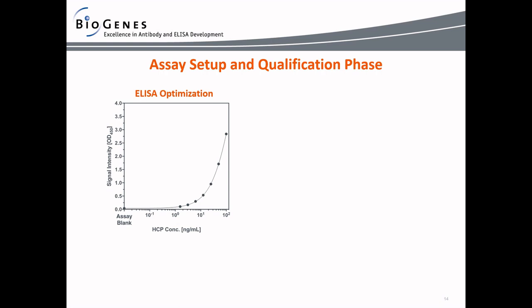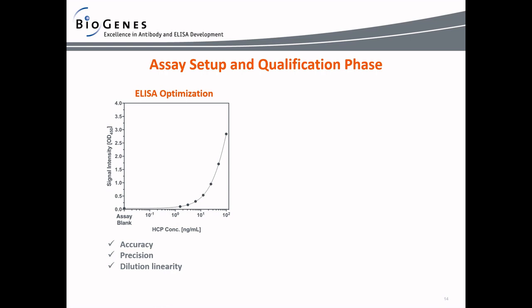Based on the reagents prepared, the HCP assay has to be optimized with regard to reagent concentrations and incubation times. This in general ensures a higher assay sensitivity. Besides, the assay accuracy, precision, and dilution linearity have to be clarified to provide a reliable HCP determination.